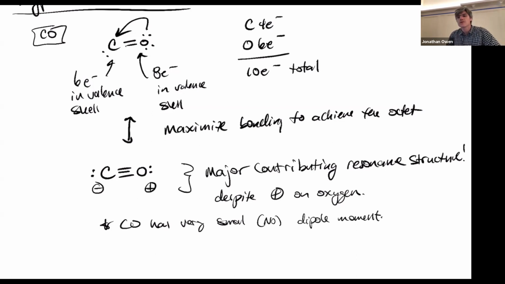So if you want to know where the charges are, you have to consider real properties of the substance, not just your imaginations about what the rules are about how to draw the thing.